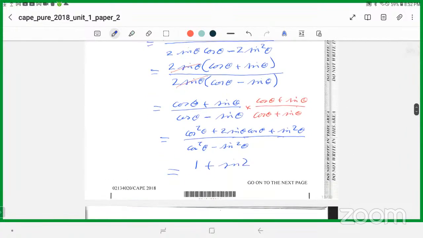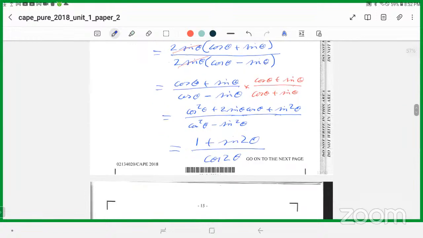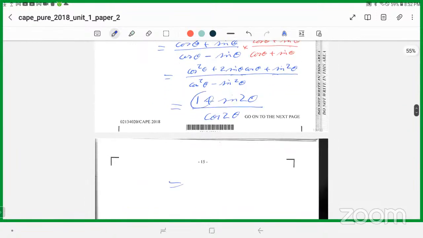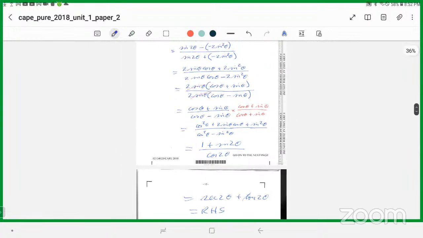Sine 2 theta over cos squared minus sine squared, which is cos 2 theta. Cos 2 theta. And then this divided by this is sec 2 theta. And then the sine theta over the cos theta is tan 2 theta, plus tan 2 theta, which is the right hand side. Works like a charm. That is it.